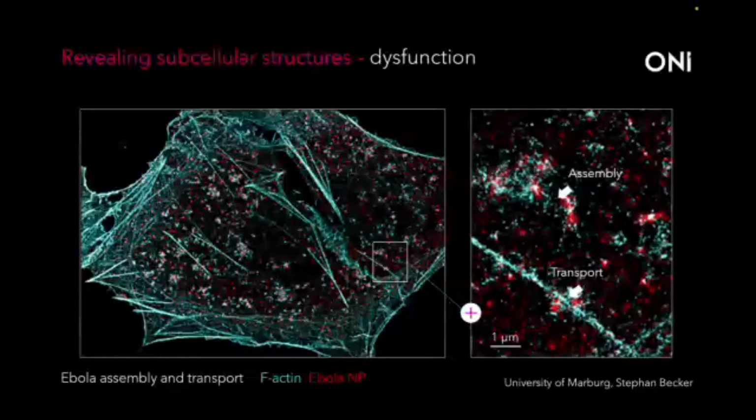Here we can correlate the different points of assembly of Ebola with the actin cytoskeleton, and thereby over time we can build up an understanding of how the assembly and distribution of these viruses within the cell leads to changes in the cytoskeleton, and thereby understand the mechanisms behind viral infection in these cells.